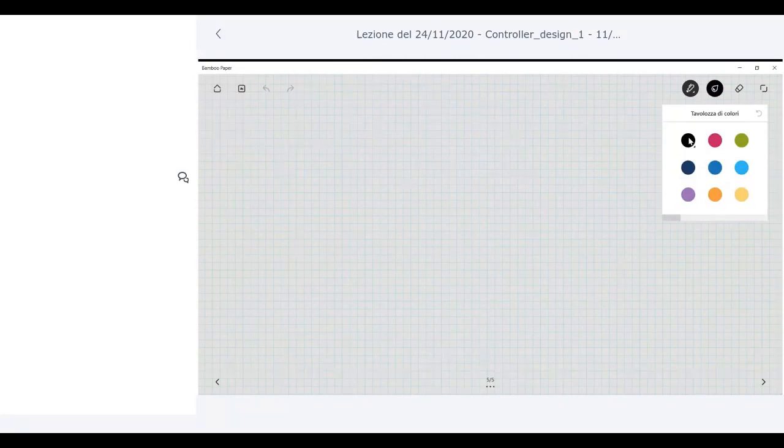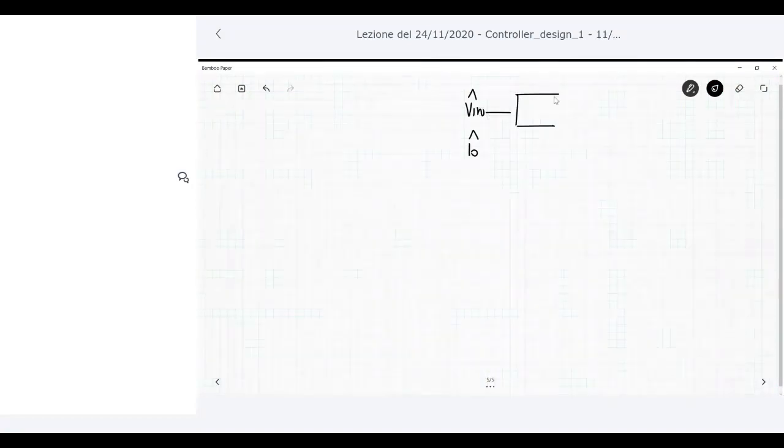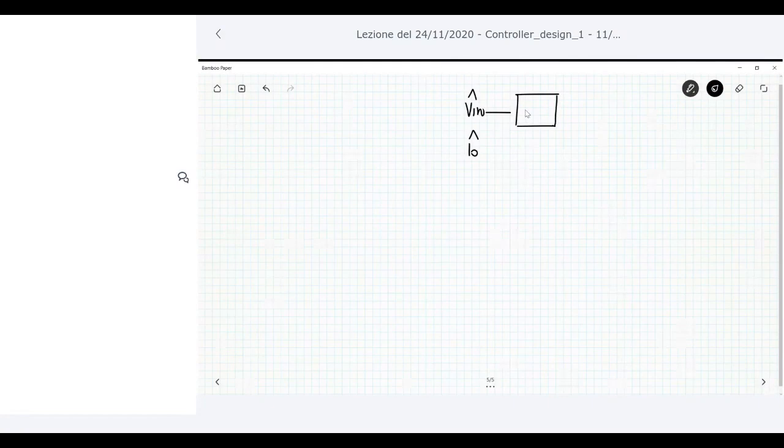So let me redraw this circuit in terms of our transfer function. Remember that I have my converter, and there are some disturbances, which are V in and I naught, the small signal AC variations of these quantities. I have here a block that describes the variation, and this is G_V in, which produces this variation.